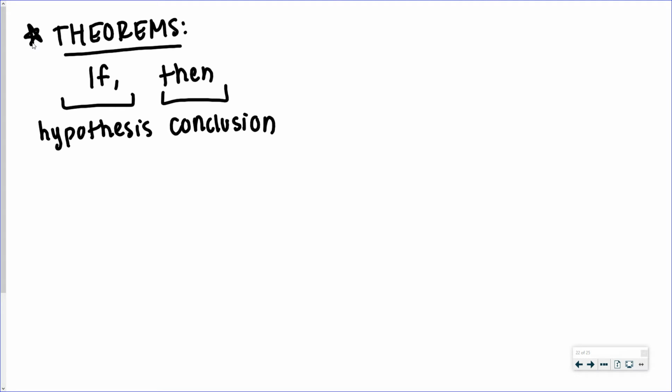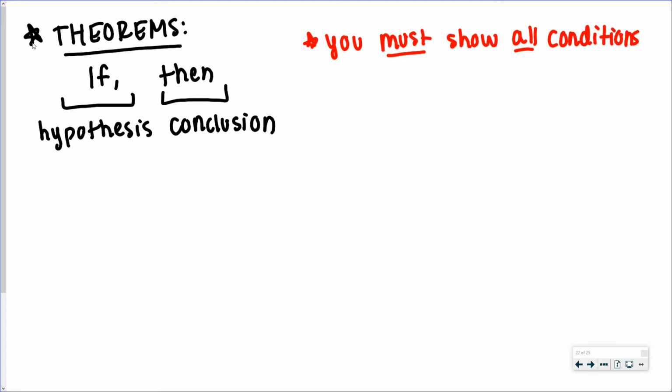That's how theorems are phrased, and we'll take a look at an example in a second. But what you need to do is you must show that all conditions of the hypothesis have been met in order to apply the conclusion.